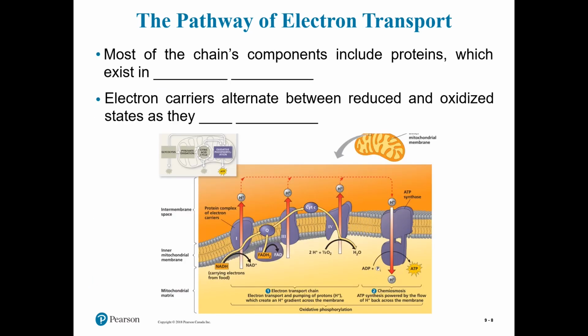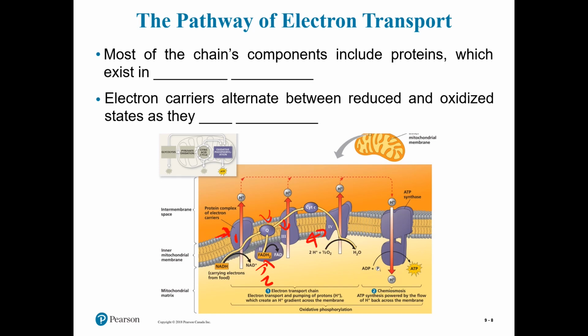The second thing that maybe you already know from watching the video is that if you see here, you have one complex here. Here you have multiple proteins. Here you have complex 3. Here is complex 2. Here is complex 4. So you have a lot of proteins.